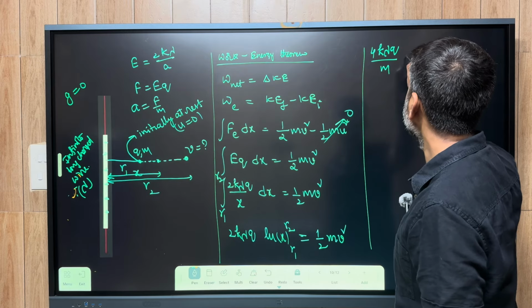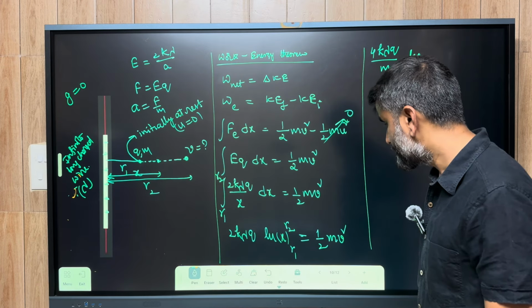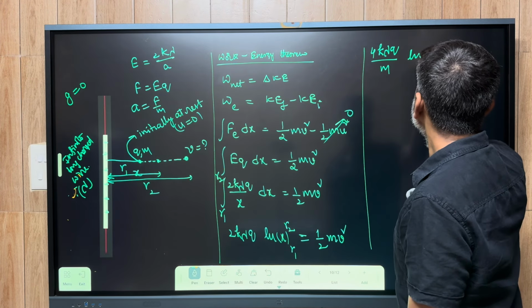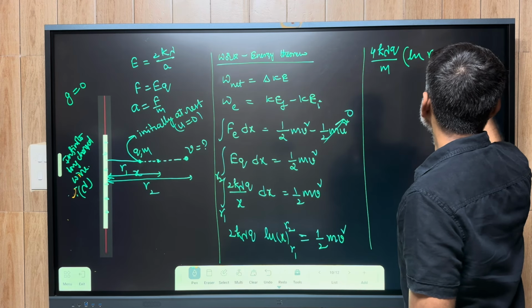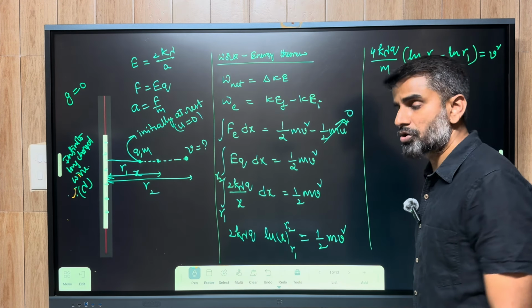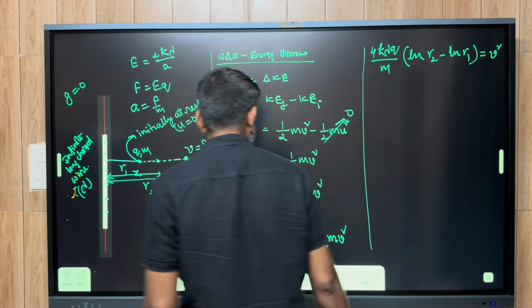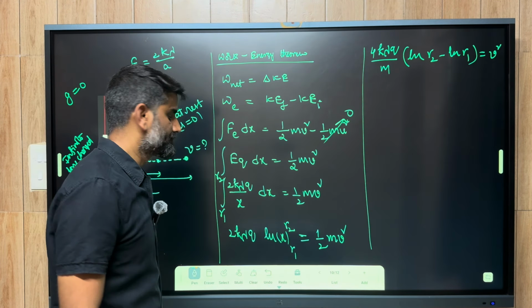And log r2 minus log r1 is equal to v square, right?